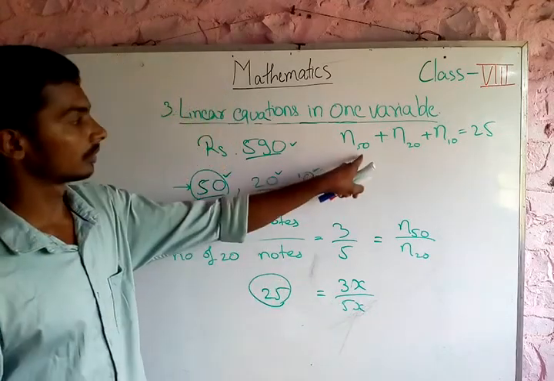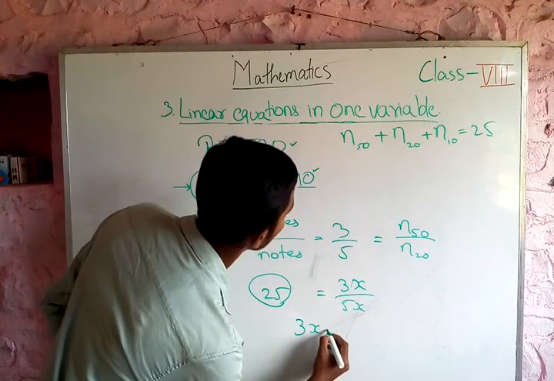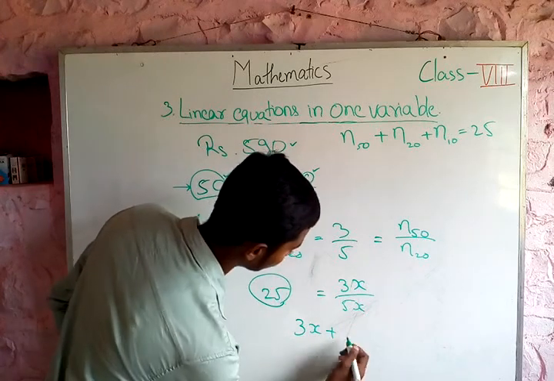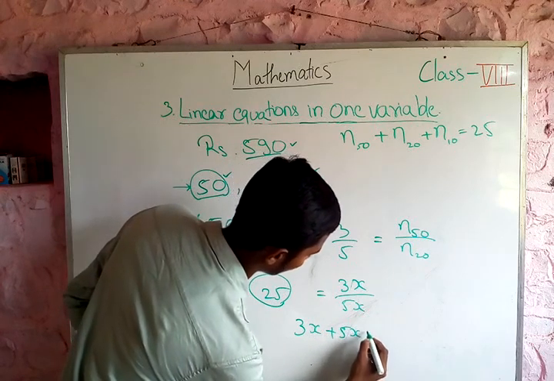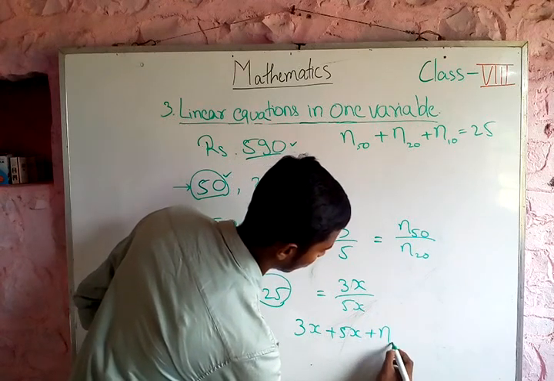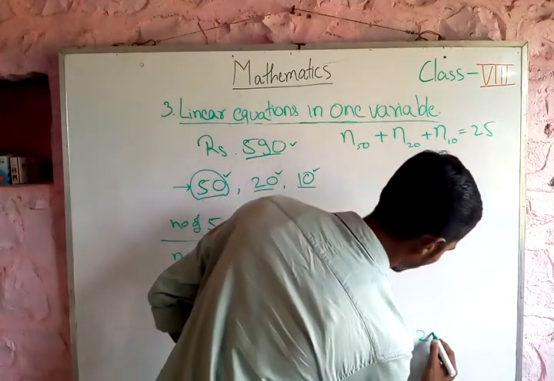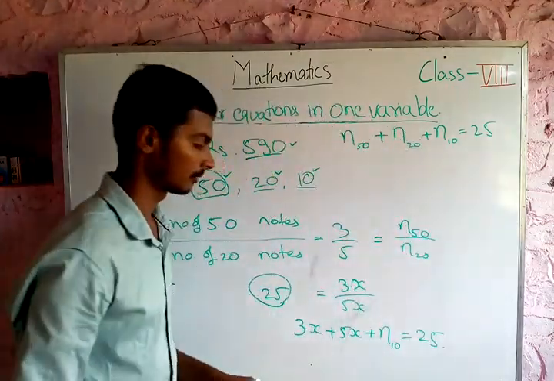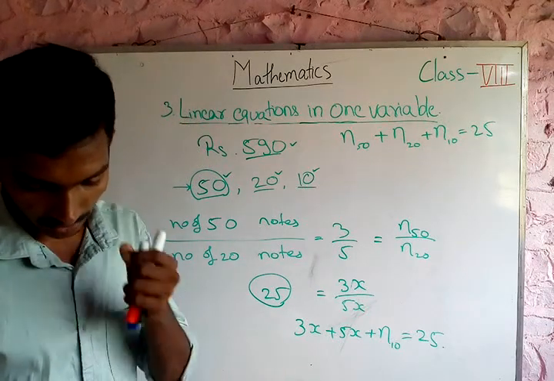So these values I got, that is 3x plus 5x plus N10 is equal to 25. Okay, in total he has 25 notes.